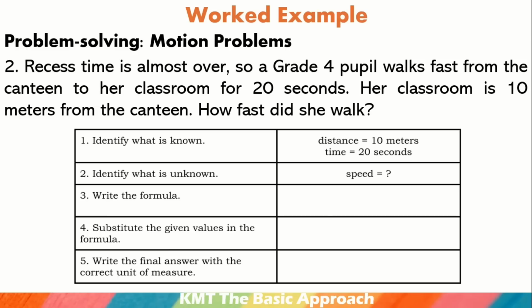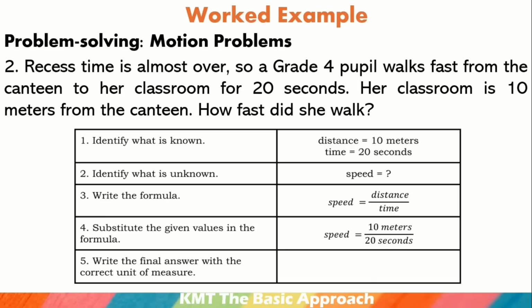The formula for speed is speed equals distance divided by time. Number 4. Substitute the given values in the formula. Good job!